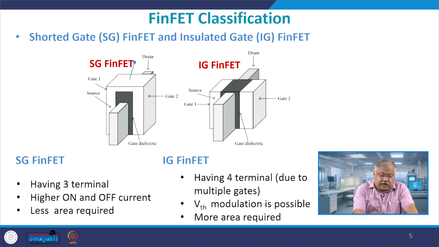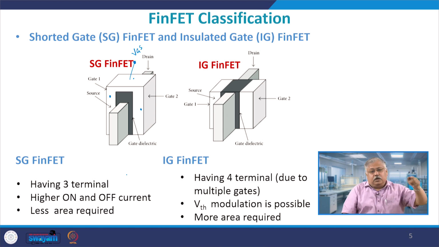So if you give a potential here, let us suppose VGS, then that appears here, here as well as here. So all three sides of the channel will see the same potential, provided the oxide thickness is the same in all the three directions. I will refer to this in more detail now.